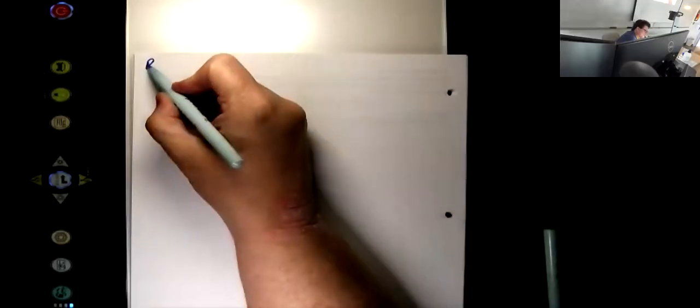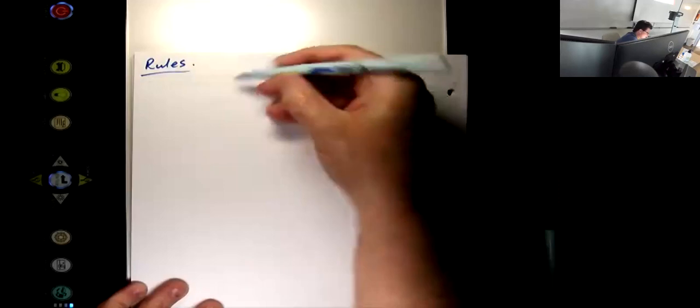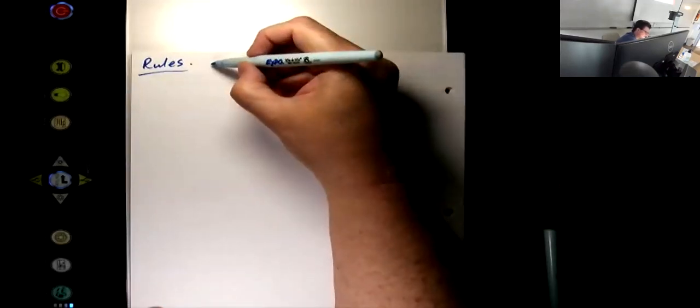So some rules. I said this before, showing with the 16 times 2 is 32.